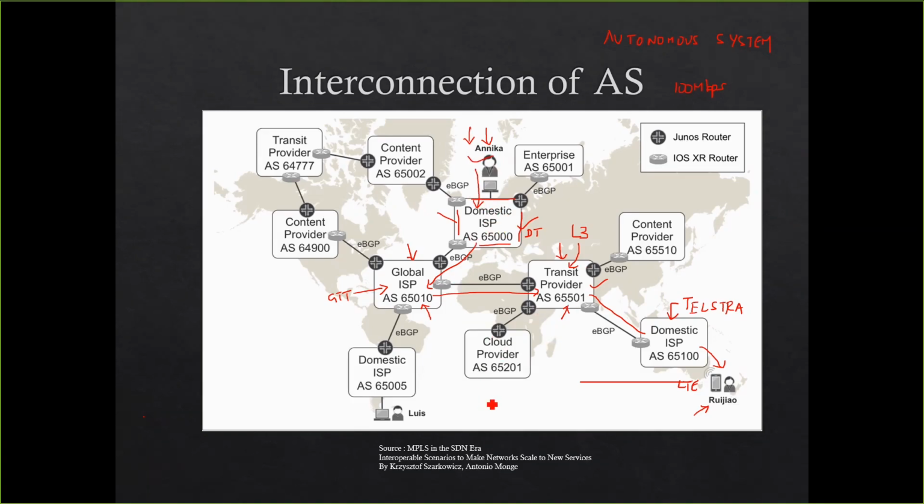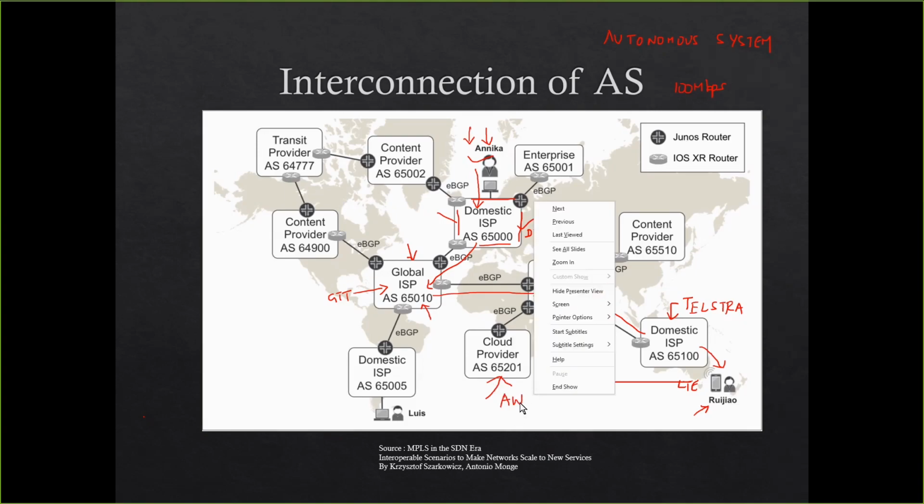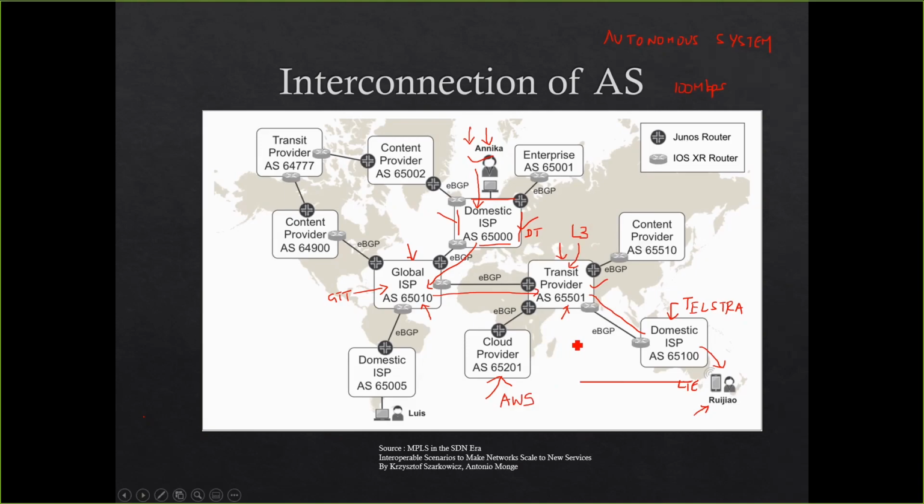And then there are some special networks like cloud providers, like you see here. Some examples of cloud providers are Amazon. You might have heard about things like AWS, Amazon Web Services, right? Or Microsoft Azure. These are cloud providers. Or Google.